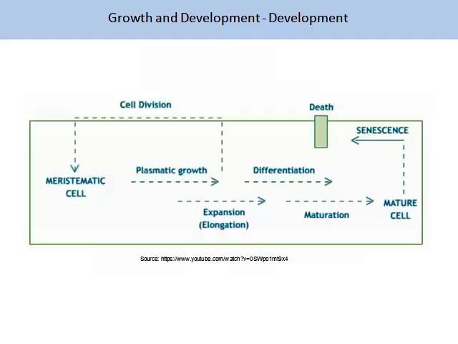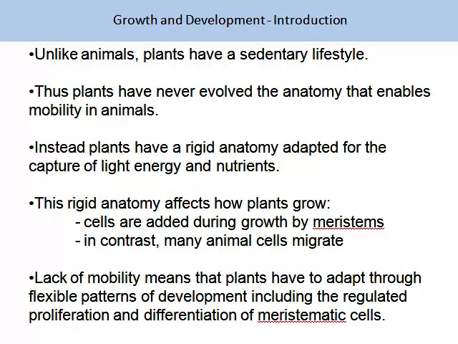Growth is the cell division and cell elongation, while development is the whole process. That is, from germination all the way through the different stages of growth to death, as illustrated on this image on the slide.